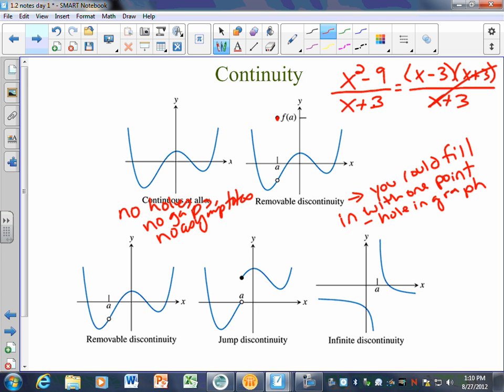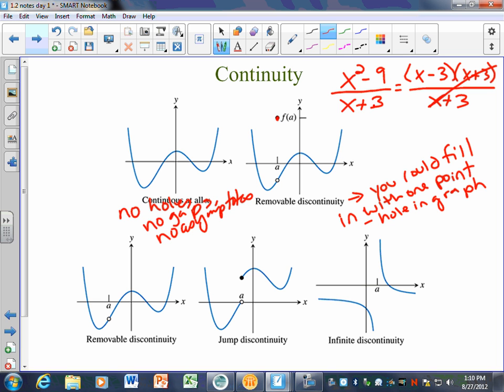And so that would be an example of a hole in your graph. Like it would look like a straight line with a little hole in it. There's also piecewise functions, which I don't think we ever got to last year, and we're going to do that later this week. And that's another example of a type of function that could have a hole in it.